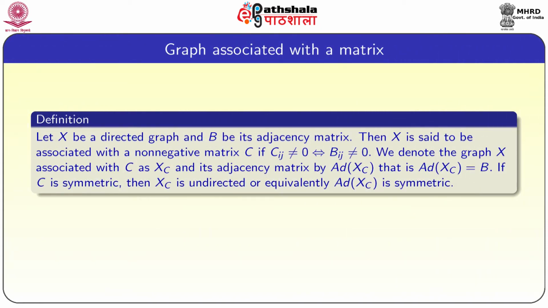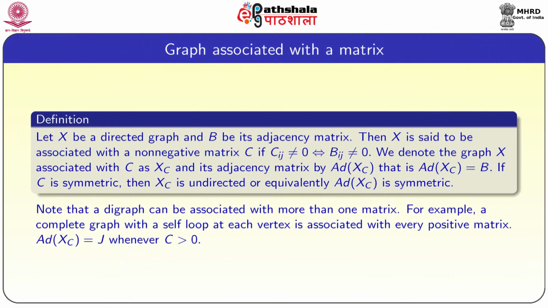We denote the graph X associated with C, or the digraph associated with C, as XC, and its adjacency matrix is denoted by A(XC), that is A(XC) equals B. If C is symmetric, then XC is undirected, or equivalently the adjacency matrix of XC is symmetric.